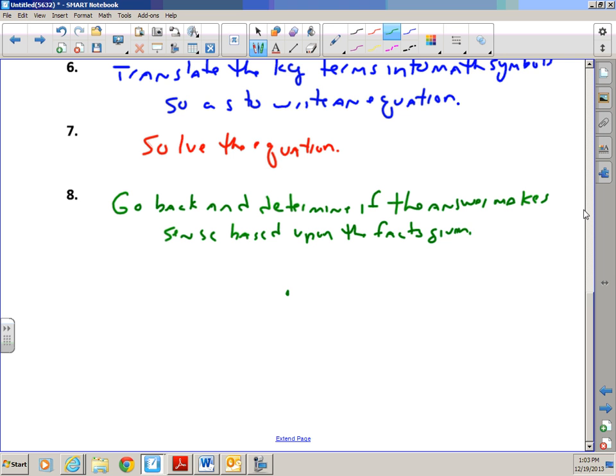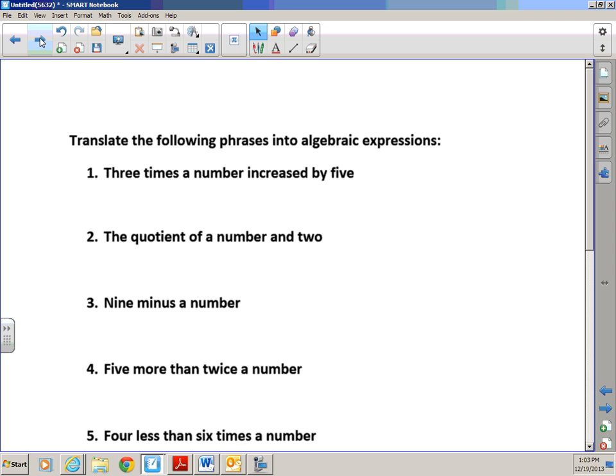So an example would be if you're solving for the length of a side of a rectangle and you come up with a negative number. Well, you can't have negative length. That's a very perfect example. But it really is more of a logic concept as to whether the answer makes sense or not.